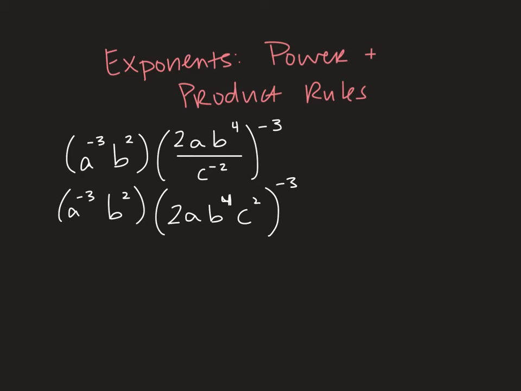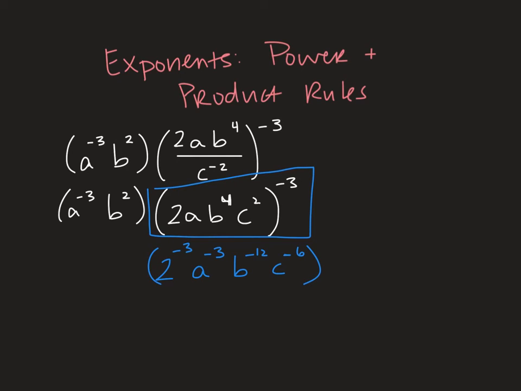All right, let's deal with now this negative 3 part. This means that all 4 things, 1, 2, 3, 4, all 4 factors inside will be raised to the negative third. So this will become 2 to the negative third, a to the negative third, b to the negative 12th, because we multiply, and c to the negative 6th for the same reason.